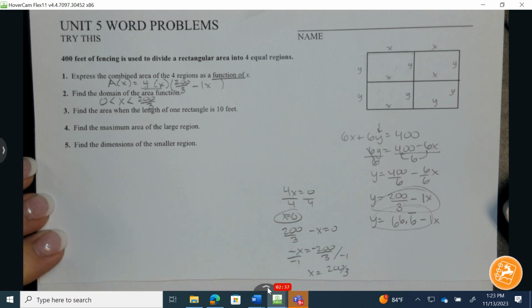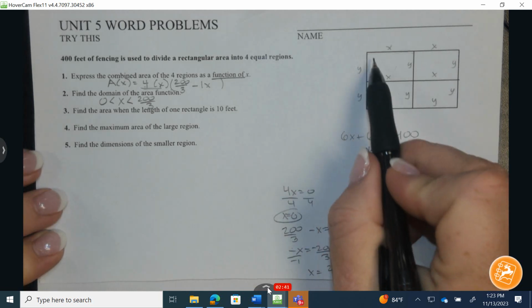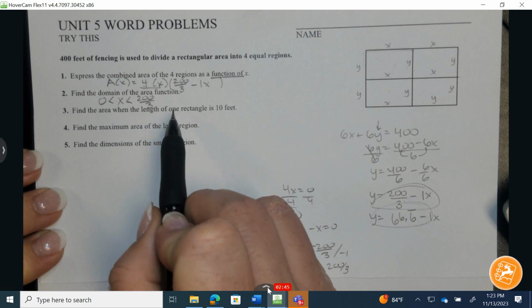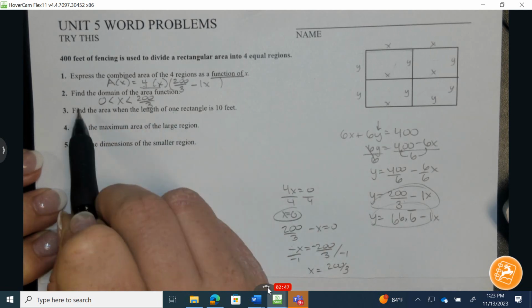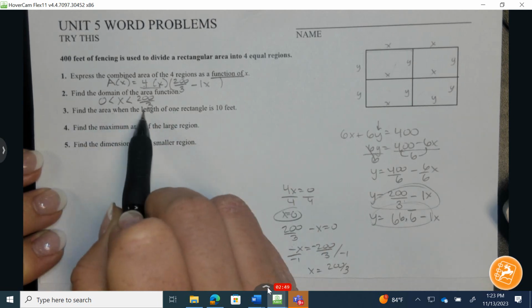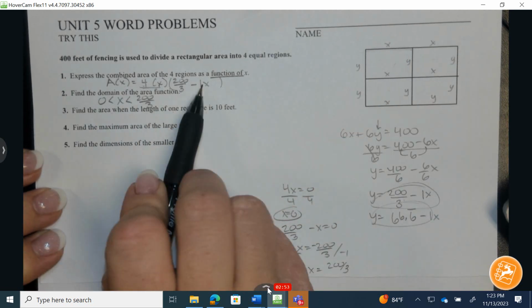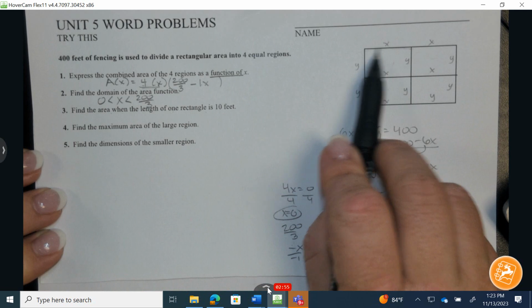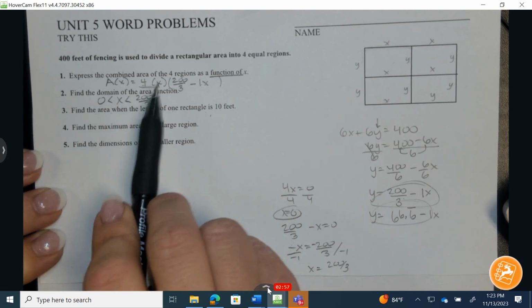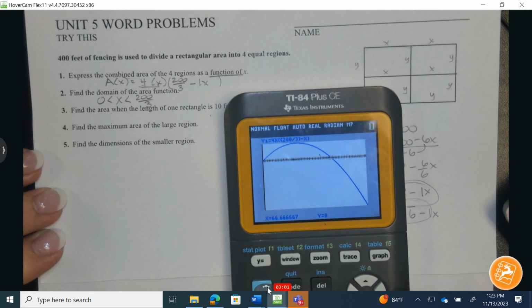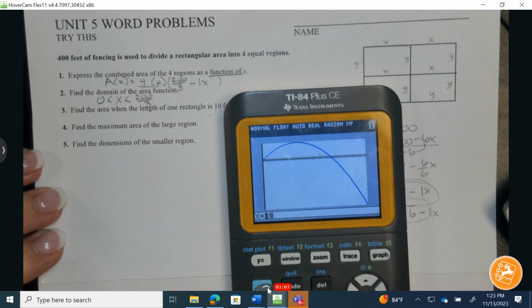Find the area when the length of one rectangle is 10. So when this is 10, what is the area of one rectangle? Let's see. Sorry, let me go back here. Sorry, we want the entire area, so I use this formula when I know that x is 10. So I could substitute 10 in here, and we'll see how to do that. Or to simplify it, I take this second trace value, and I want to know when x is 10, what is the area?